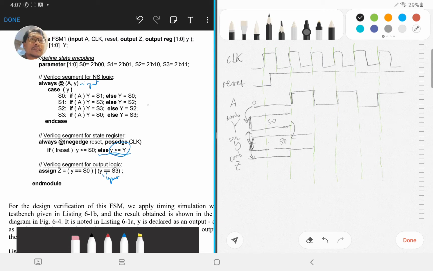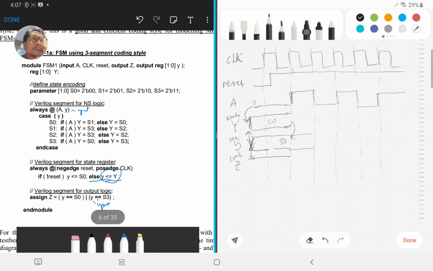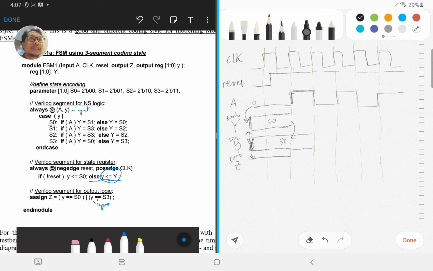Then what happened to our big Y? If S0 and A is equals to 1, then we have big Y equals to S1.